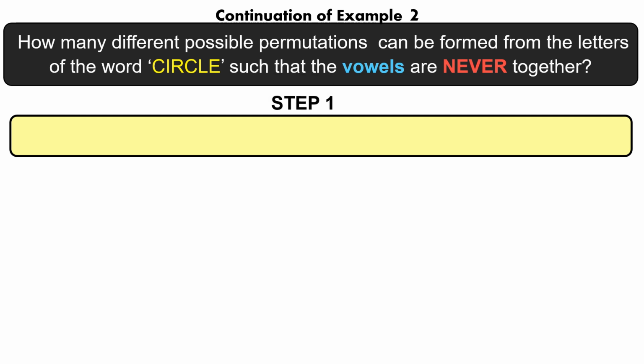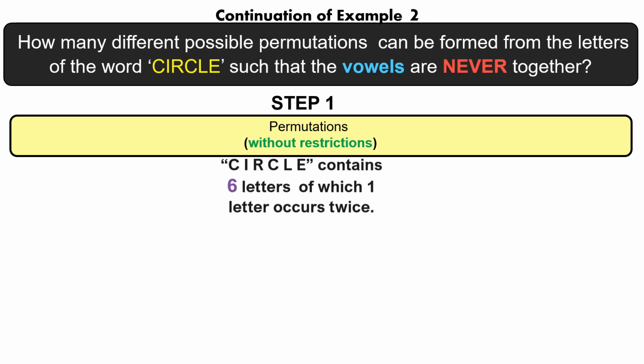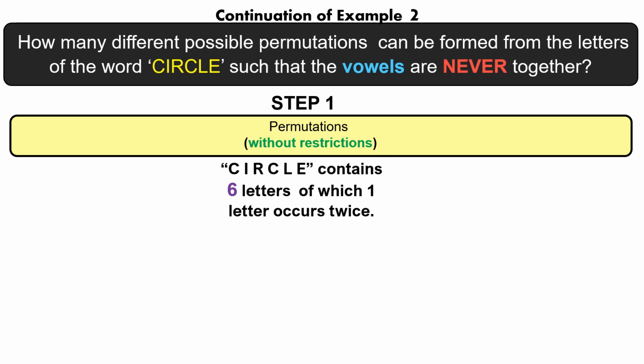Step 1. Solve the permutations without restriction of the word circle. The word circle contains 6 letters, and here are the following frequency of each letter.